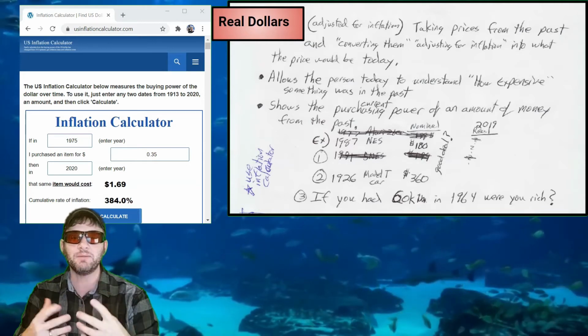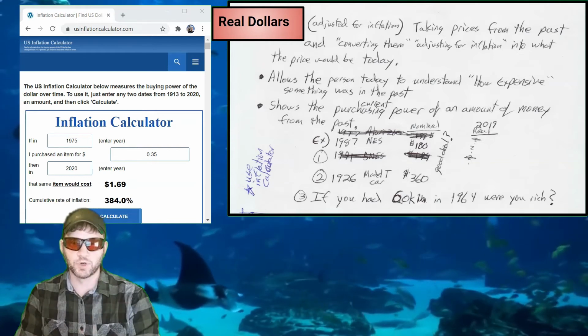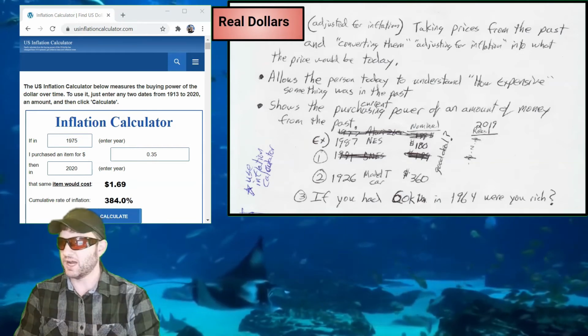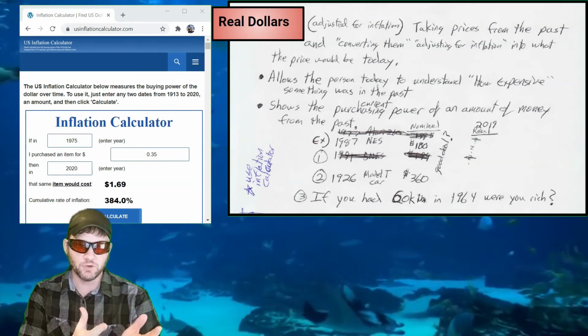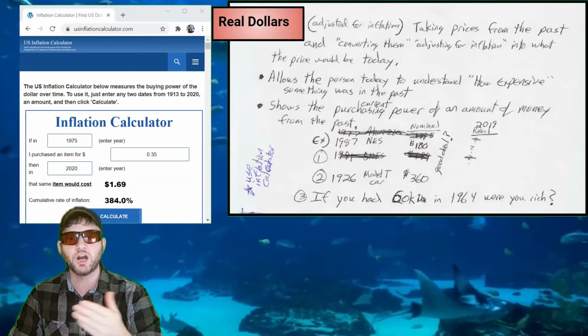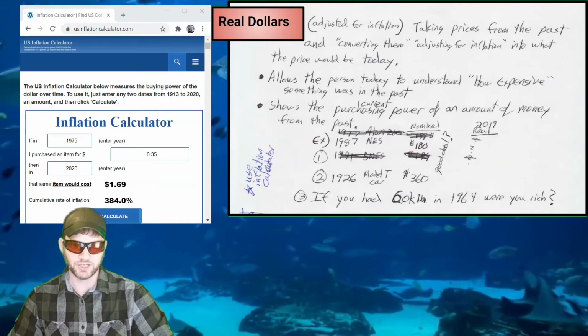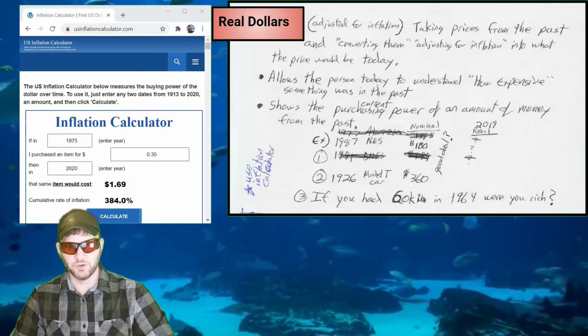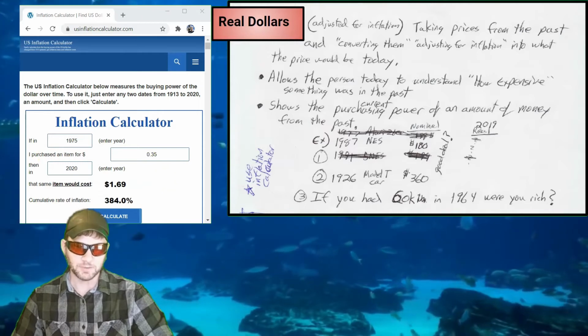They could buy the same loaves of bread as the average worker today. If the average worker in 1975 could buy 10,000 loaves of bread, the average worker in the U.S. today could buy the same 10,000 loaves of bread. So our average salaries are already basically adjusted for inflation. And because that's true, we can just adjust the cost of things to feel how it would be.